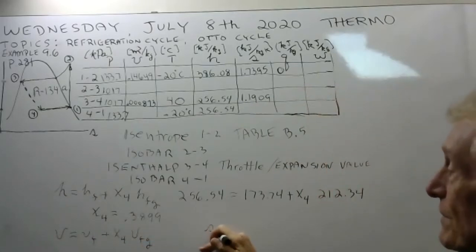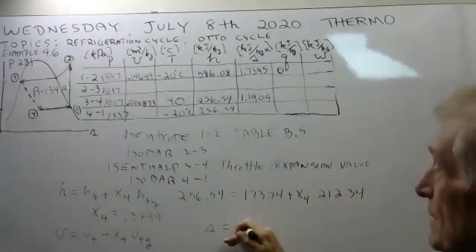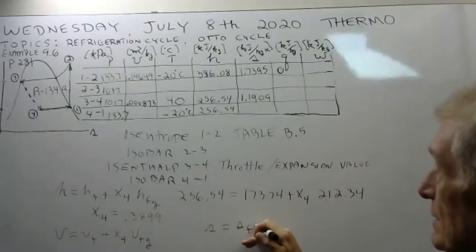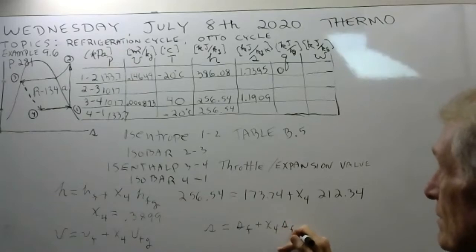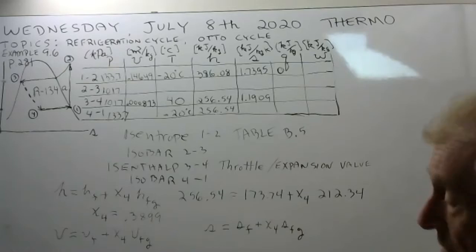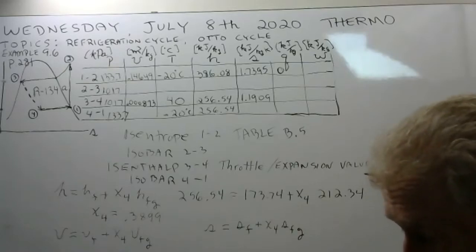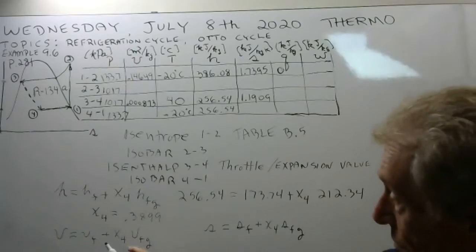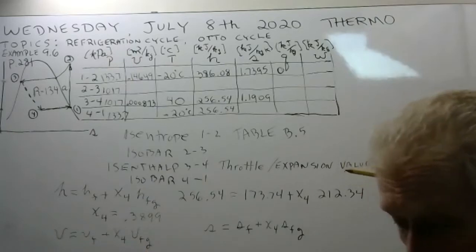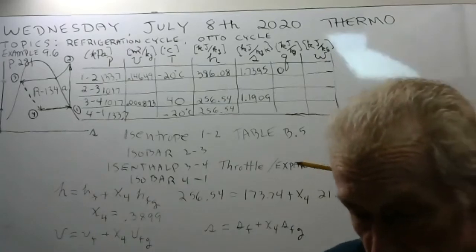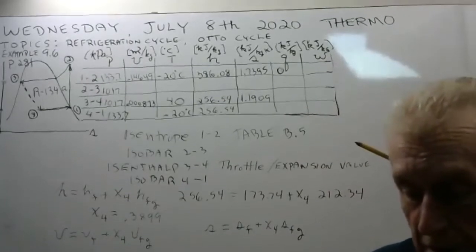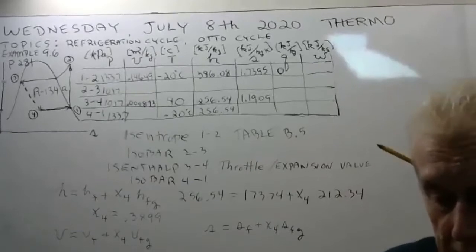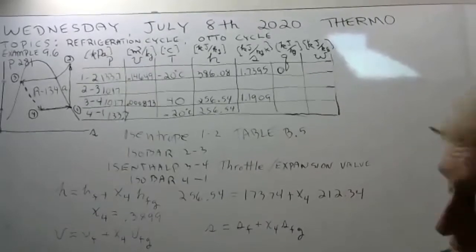And the specific entropy is sf plus the quality at 4 times sfg. I'll give you guys another minute and a half, and let's get those, shall we? Go for it. Here, I'll write the numbers out for this one, if I can find those. Okay. We're at minus 20.